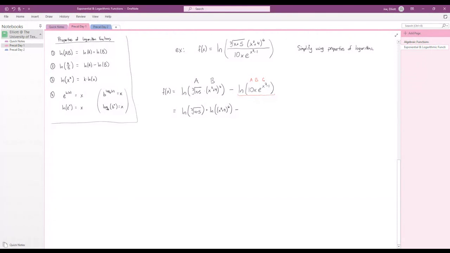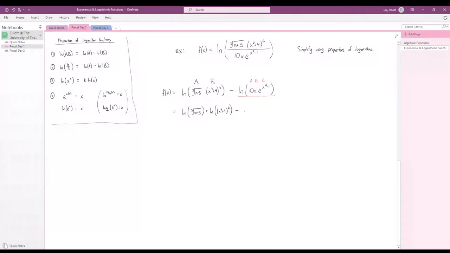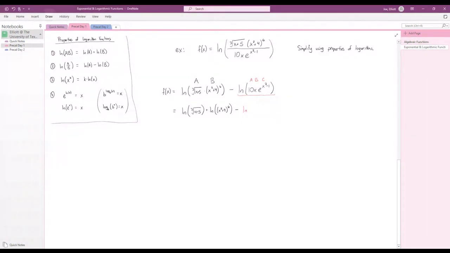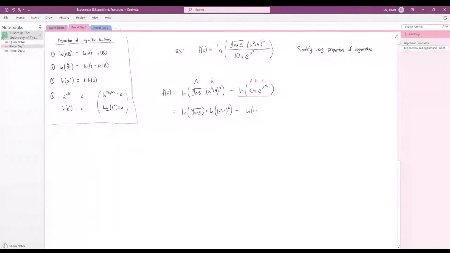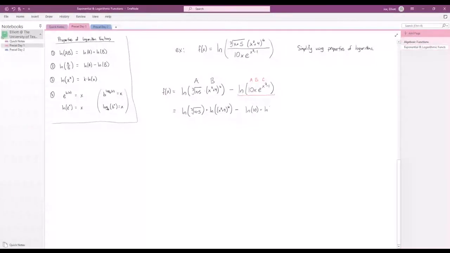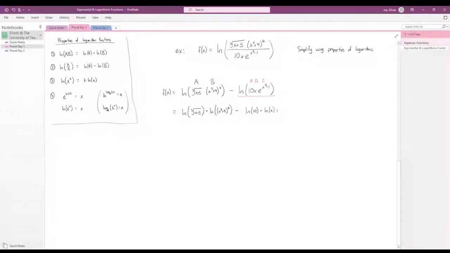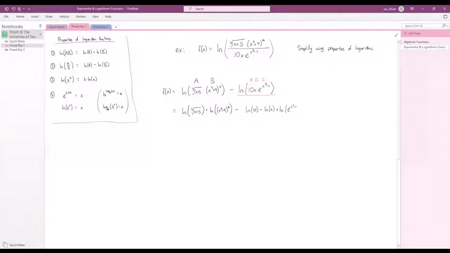So we're going to do that next, but right now, looking at this expression, if we apply the first property, we can convert this product into a sum. So we can split it as natural log of 10 plus natural log of x plus natural log of e to the x squared minus 1.